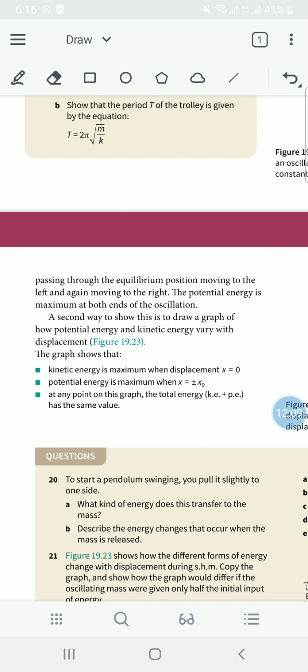Leave a line and write: the second representation is how potential energy and kinetic energy vary with displacement.